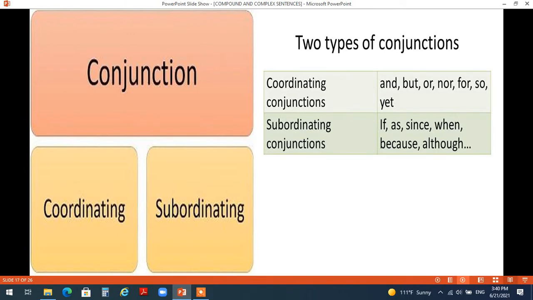So, as you can see here, there are two types of conjunctions, either coordinating just like and, but, or, nor, for, so, and yet, or we can have a subordinating conjunction just like if, as, since, when, because, although, etc., because there are so many other different subordinators which we will discuss later on.